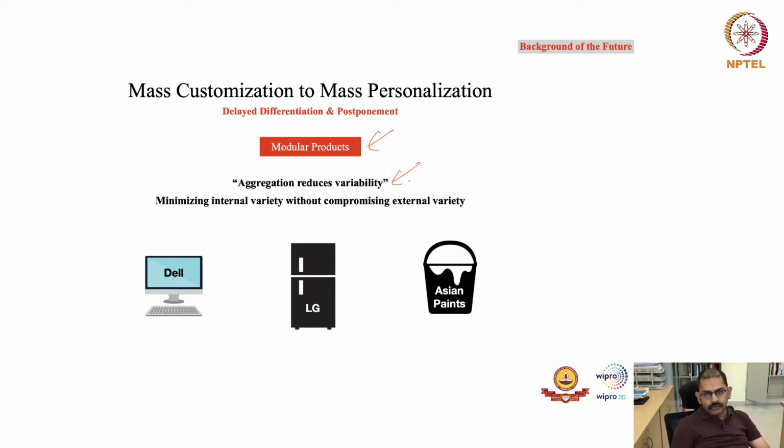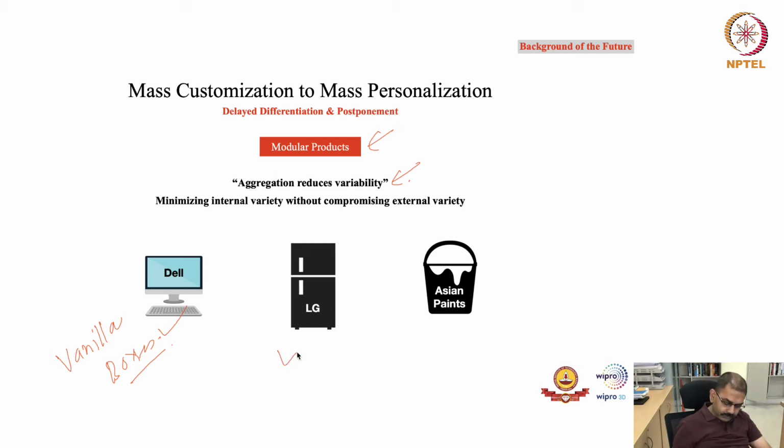So you are looking for minimizing the internal variety without compromising the external variety, right? So three classical examples. People who are aware of Dell manufacturing: in fact, Dell keeps what are called vanilla boxes. This could be a vanilla computer configuration, right? So the customization happens when the demand comes.